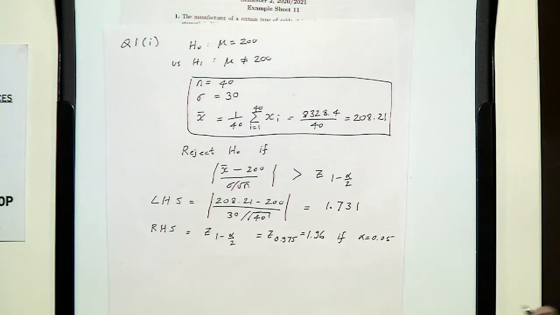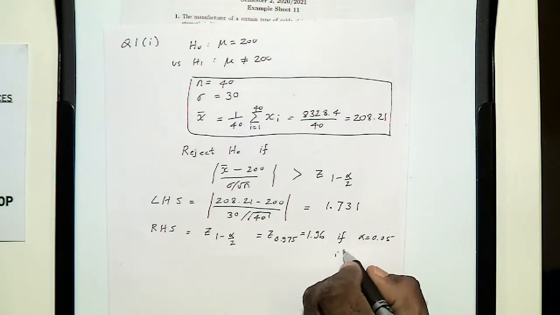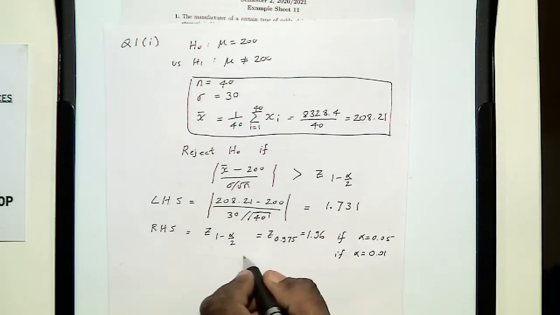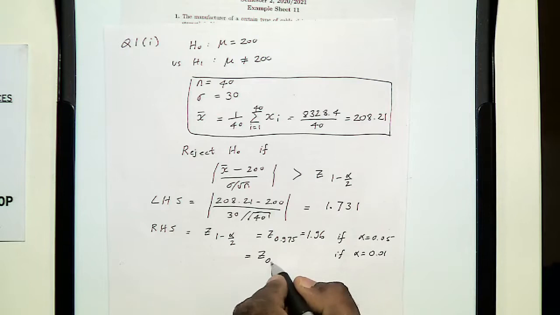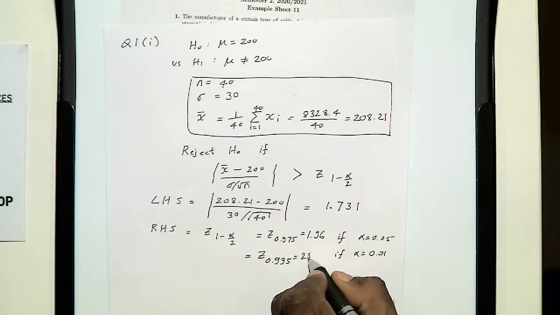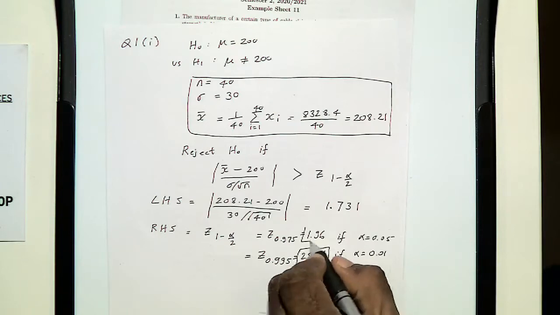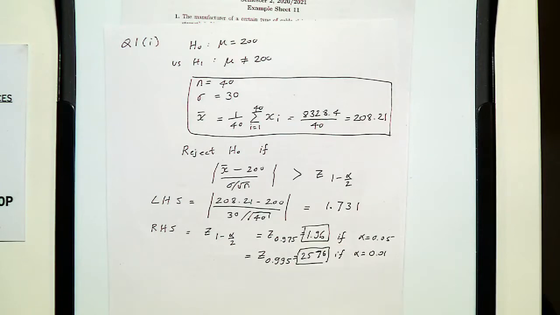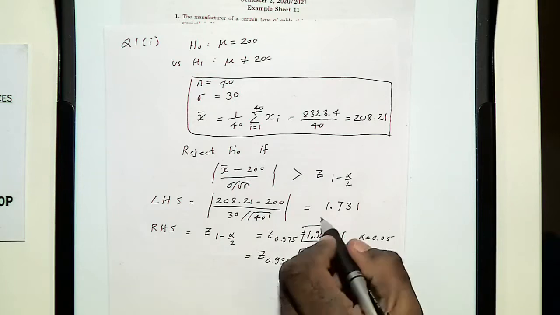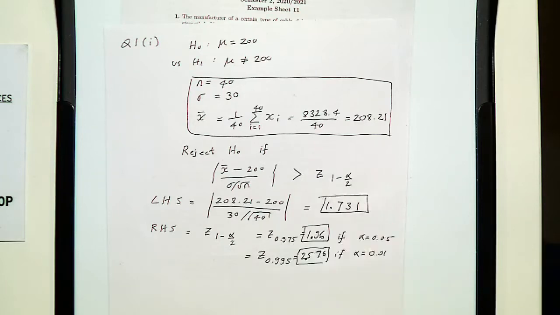And if alpha is 0.01, then this works out to be 0.995, which if you read from the table is 2.576. So the right hand side is either 1.96 or 2.576, depending on the value for alpha, and the left hand side is 1.731.